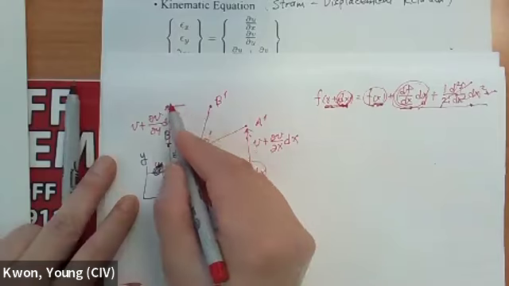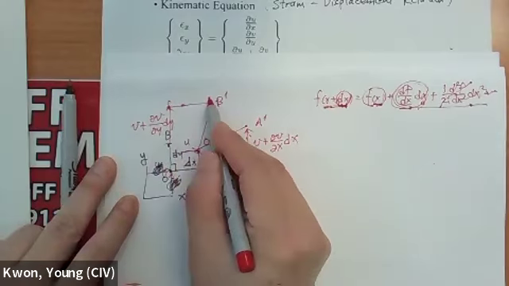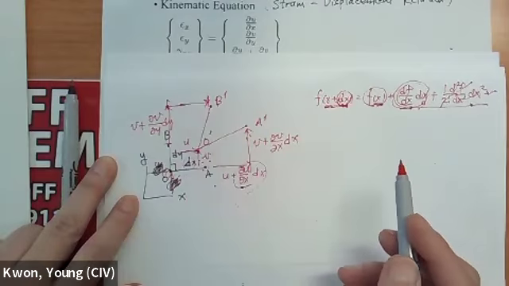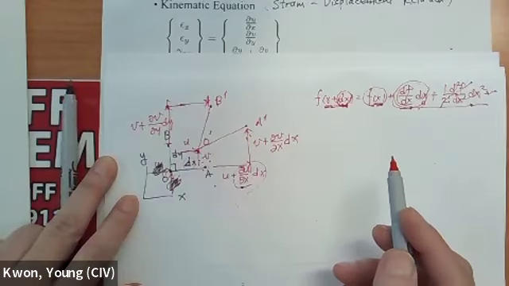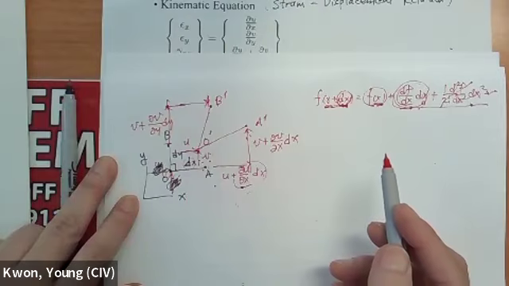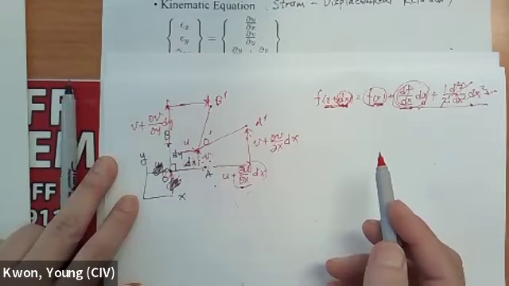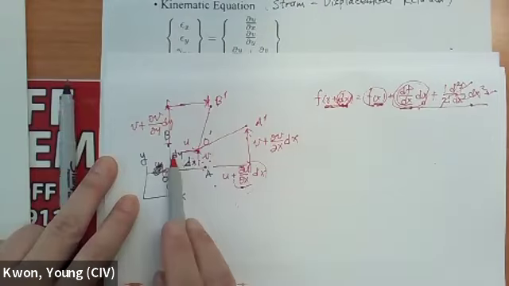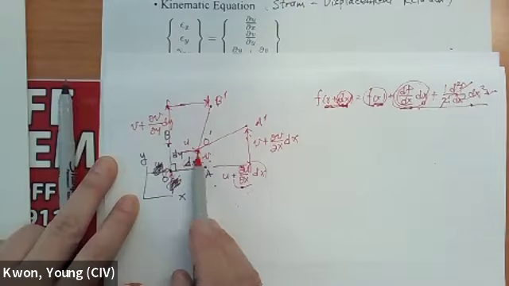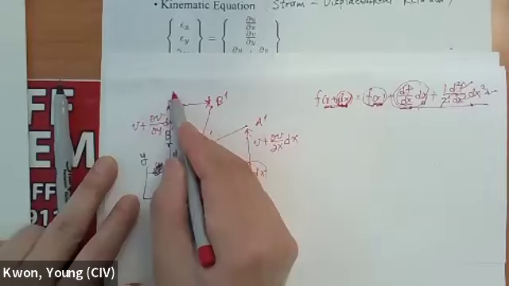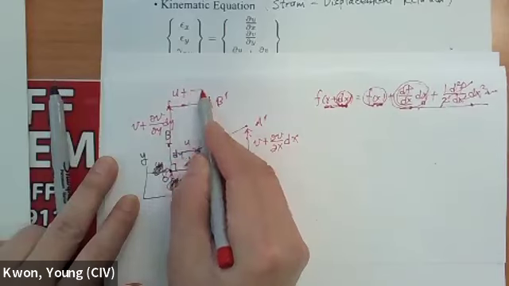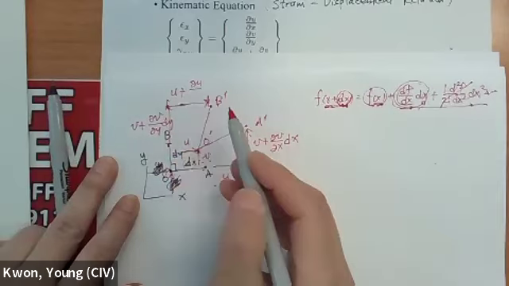So the last one. What about this displacement? O to O' is u, the horizontal component, so that's going to be horizontal u plus du.